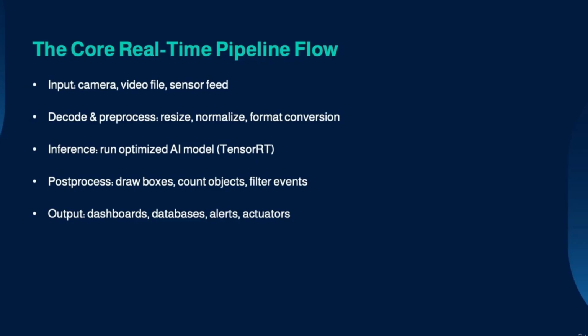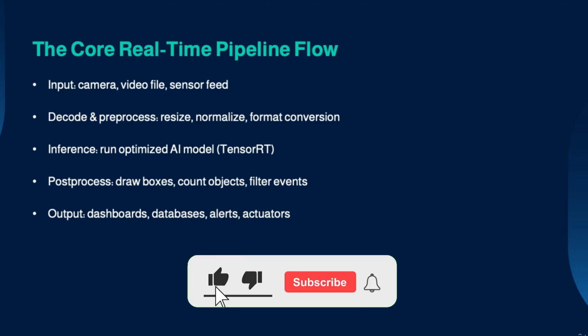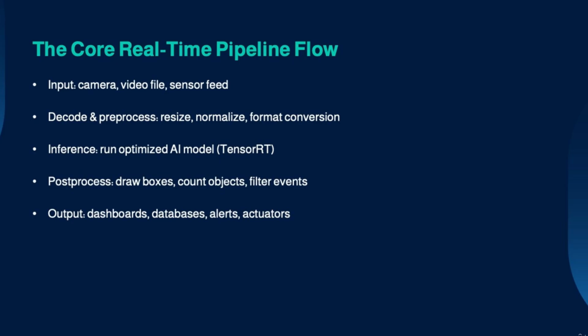At its core, every DeepStream-based real-time AI pipeline follows the same sequence. First, ingest the input. This could be an RTSP camera stream, a pre-recorded video, or even a LiDAR or IoT sensor feed. Then, decode and pre-process the data to match your model's expected input, resizing frames, normalizing pixel values, and converting formats.